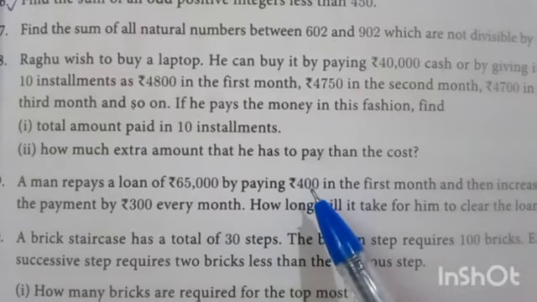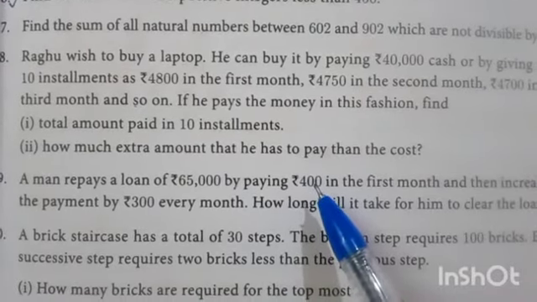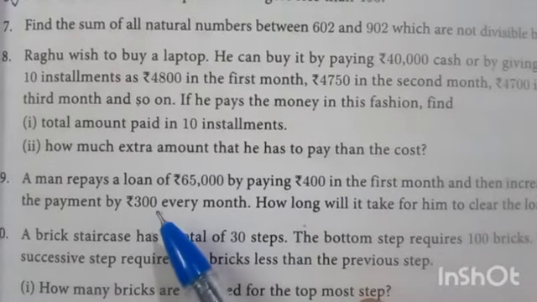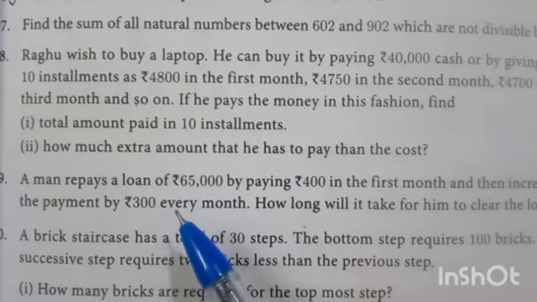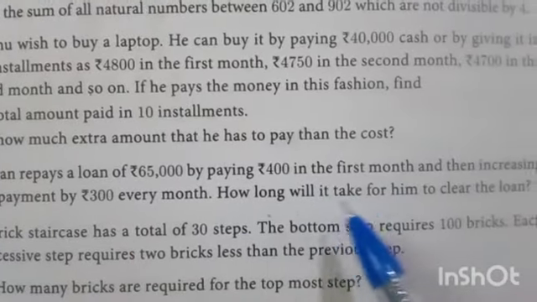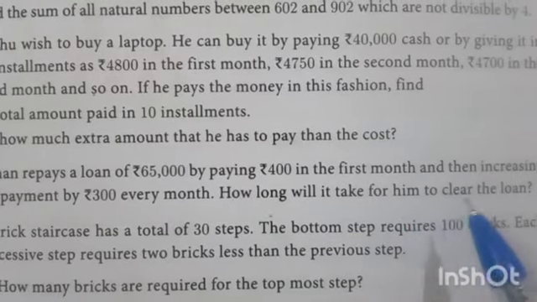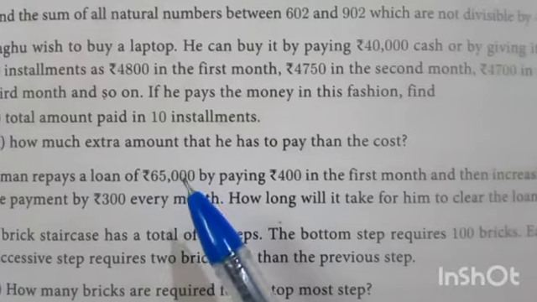So the second month amount is 400 plus 300, that is 700. Like that you have to find the third month, fourth month, etc. We want to find how many months are needed to clear the loan.